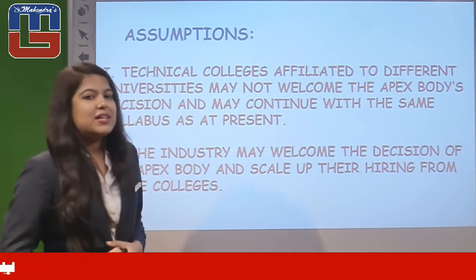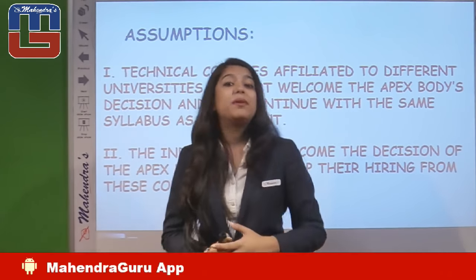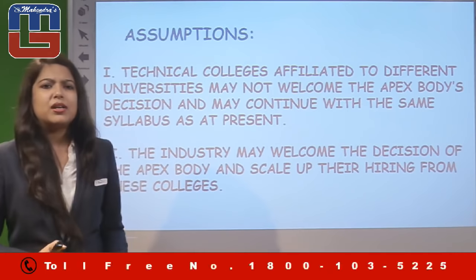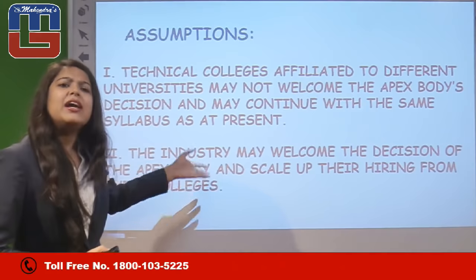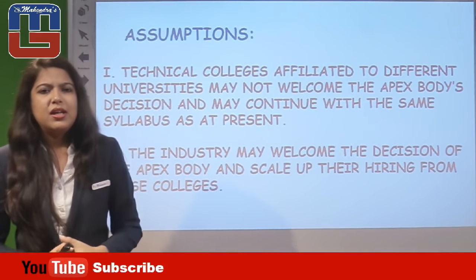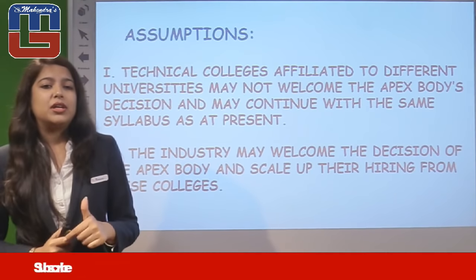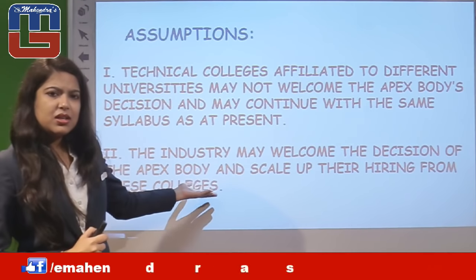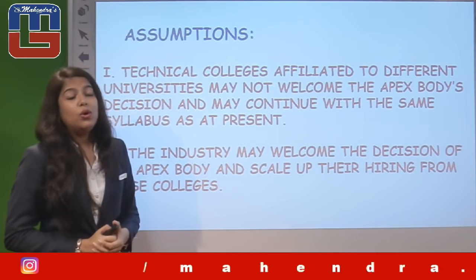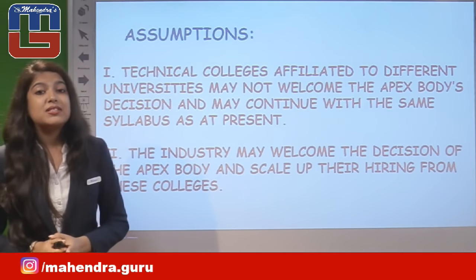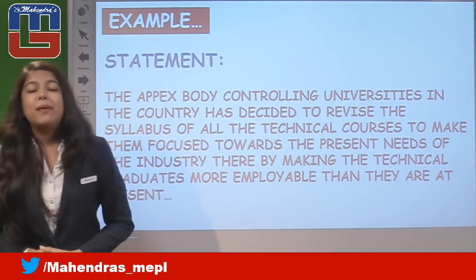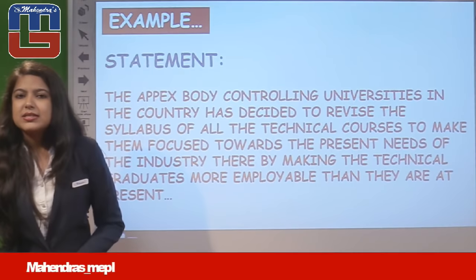No, because the word implicit itself demands the suggested thought. So if I am suggesting it can be a thought of the apex body, I am not wrong actually. And this can be considered. So I would say assumption 2 is implicit for the given statement from the apex body controlling the universities.